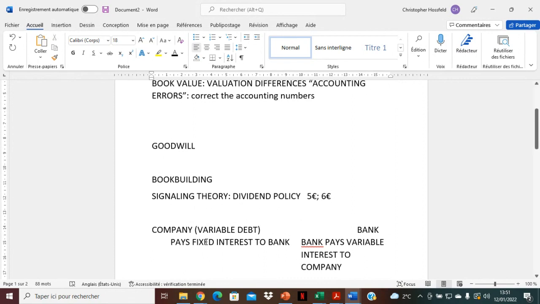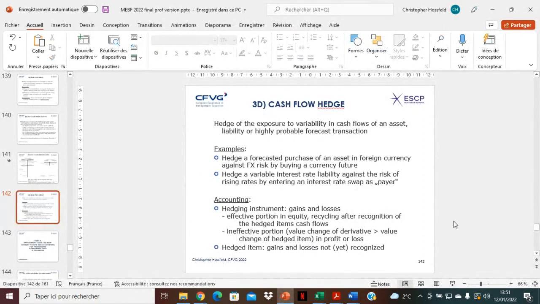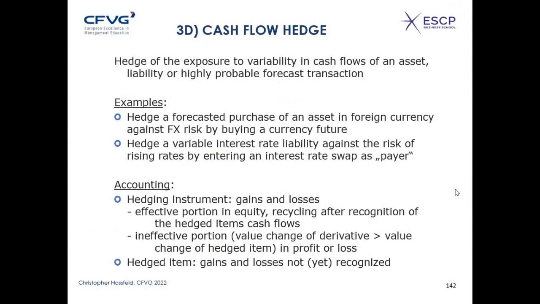I will give less to the market, but I still need to pay, obviously, my fixed interest because I'm engaged in this interest rate swap. Okay, so interest rate swaps are a common tool. Actually, this is used to convert variable interest into fixed interest or vice versa.